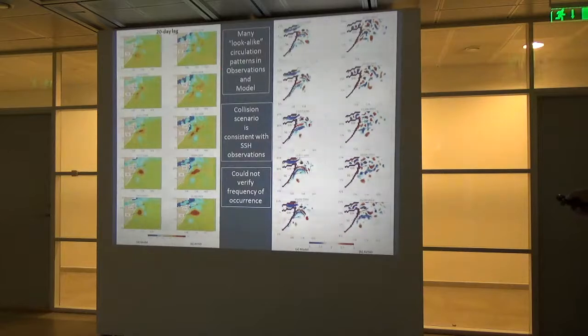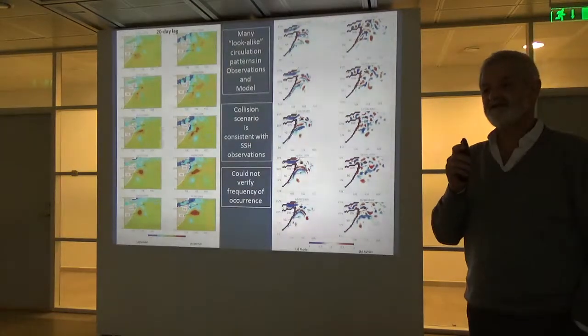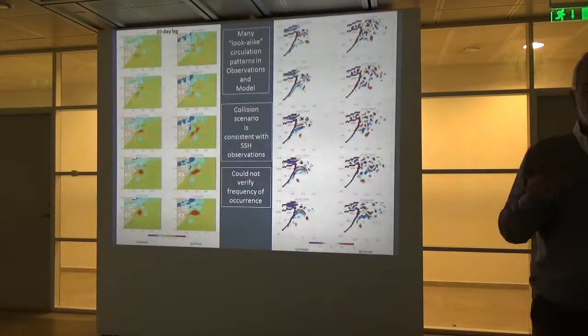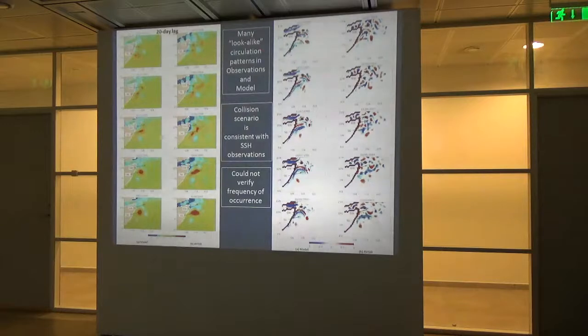And you can see that, just by those patterns, we could very well say the same scenario occurs as in the model. So the model is able to reproduce something seen in the observation. Then I am looking at the vorticity, but the proxy of vorticity, you don't get exactly the vorticity from satellite observation. You take the Laplacian of the sea surface height, and you get a proxy of the vorticity, which is plotted here.